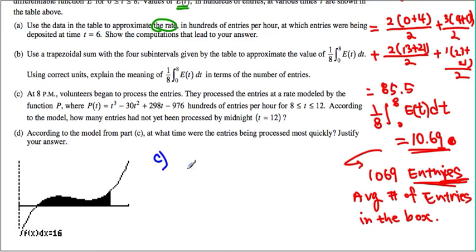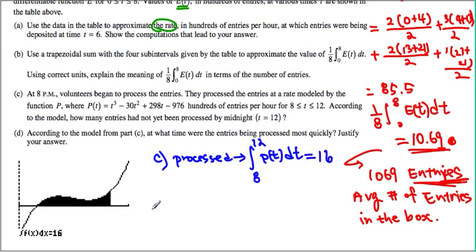So for part C, the amount of entries that has been processed is simply the integral of P of t dt from 8 through 12, which we calculated to be 16.